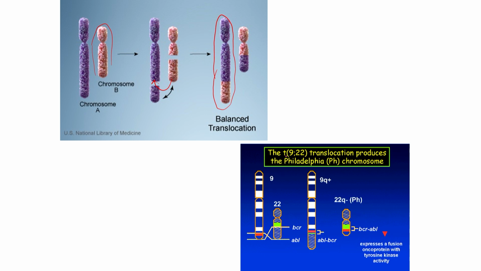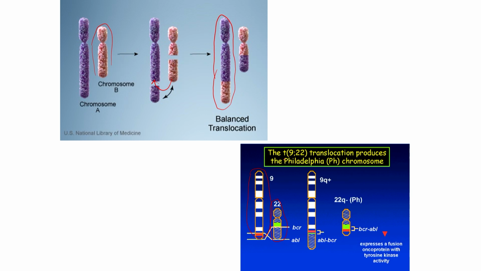It is written like this, T in parenthesis, translocation between chromosome 9 and chromosome 22. Here chromosome 9 is involved, this is chromosome 9 and chromosome 22. These two chromosomes are involved.